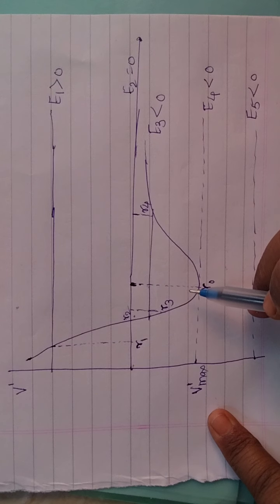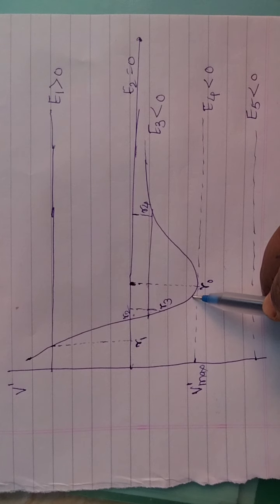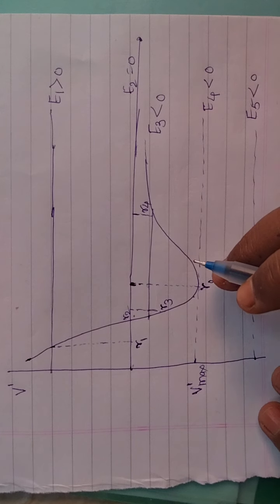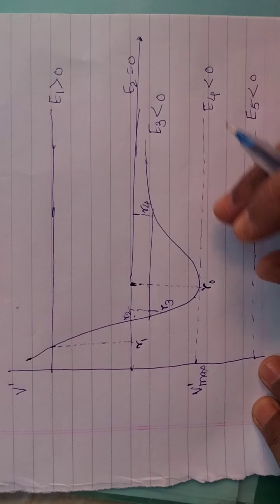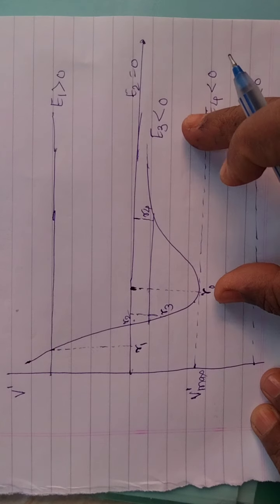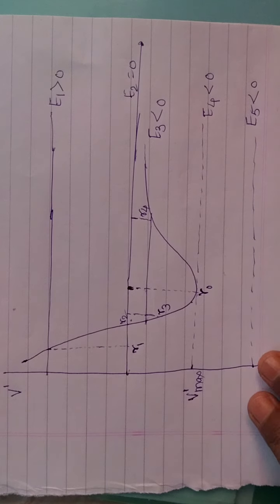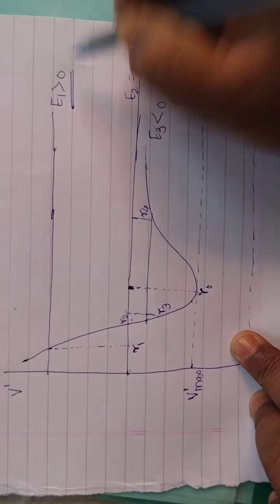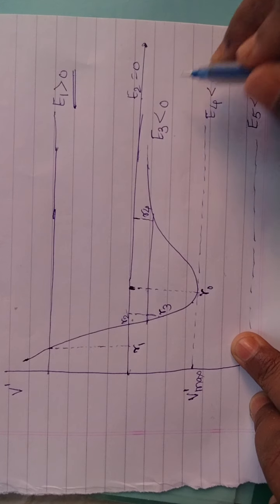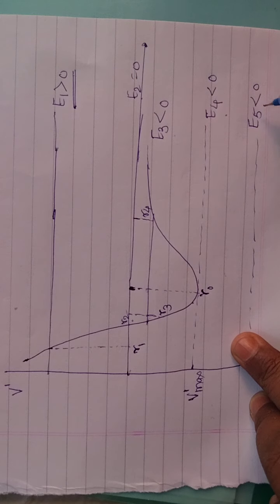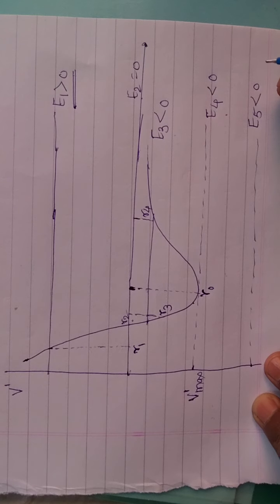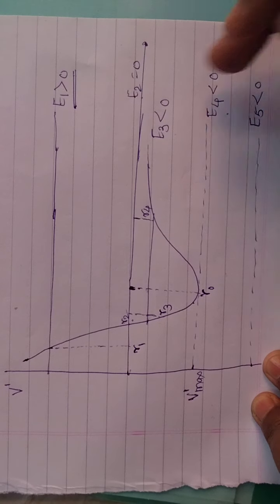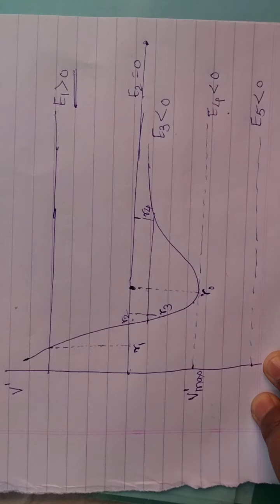This is the energy curve for the particle having different energies, shown like this. Here there are different energies for the particle: E1 is greater than 0, E2 is equal to 0, E3 less than 0, E4 less than 0, E5 less than 0. These are the various energies.